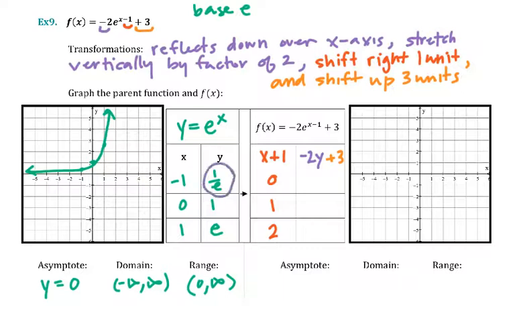So when I multiply by negative 2, that's going to be negative 2 over e plus 3. Here, 1 times negative 2 plus 3 gives me 1. And then lastly, I have negative 2e plus 3. Those are approximate values. I can type those into my calculator using my e button as I need to.